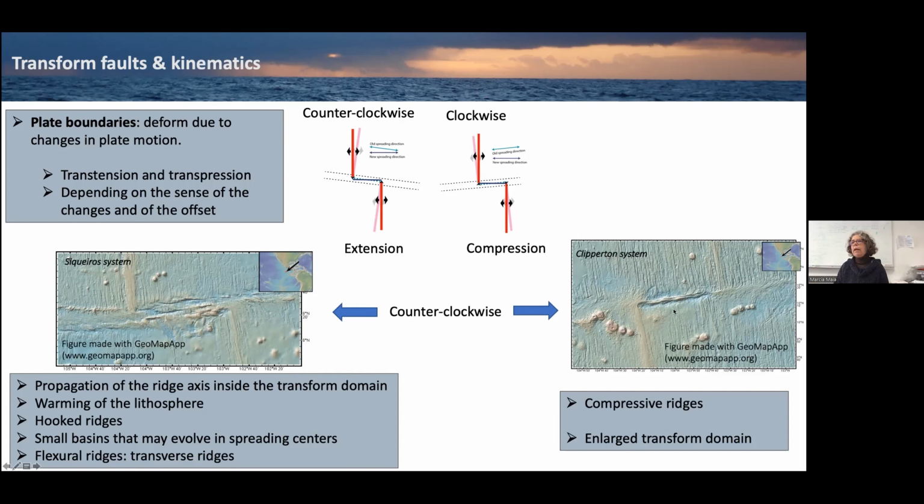And here we have the Clipperton, where the same change induced compression, and we have a very typical feature, which is a large compressive ridge that formed inside the transform domain. So according to the change in plate motion and the sense of the offset, we may have very different features that are going to evolve inside the transform domain following a change in plate motion.